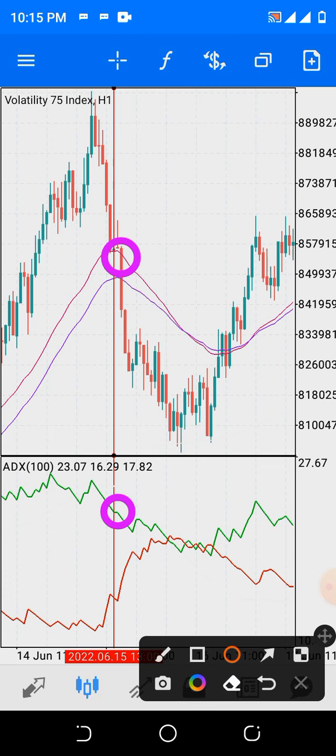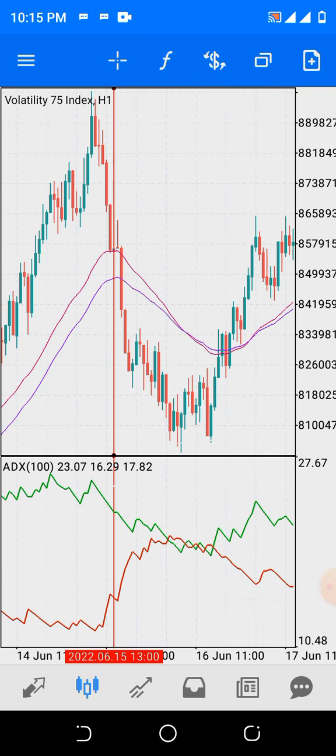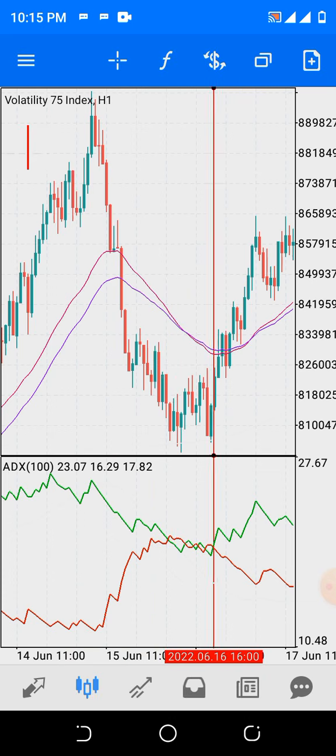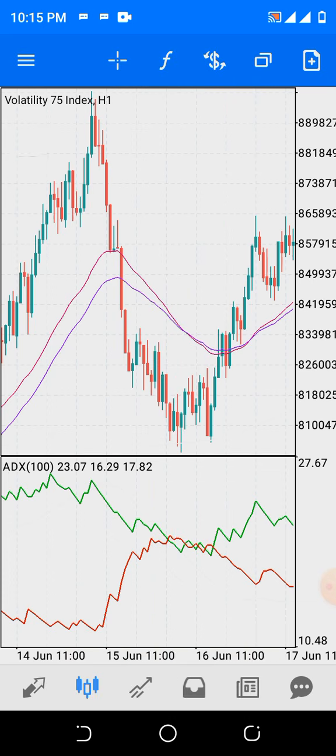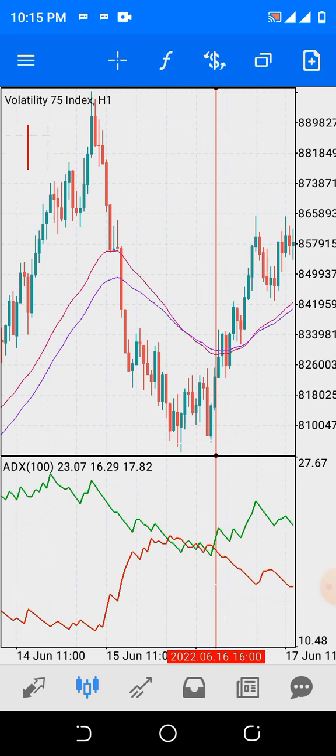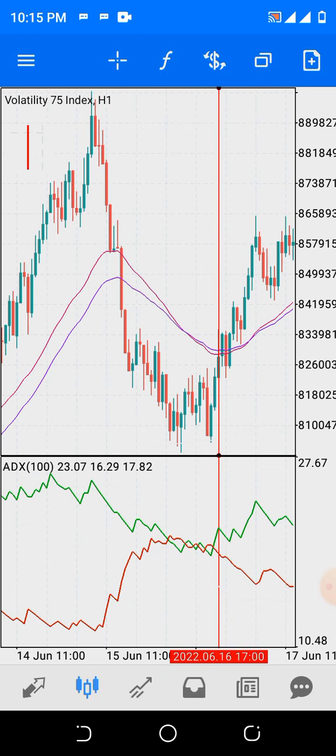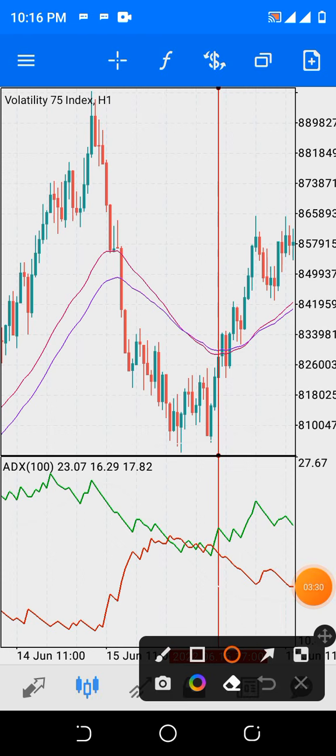Now watch closely here. This is a simultaneous crossing. This is the ADX here, and this is the candlestick crossing the moving average.